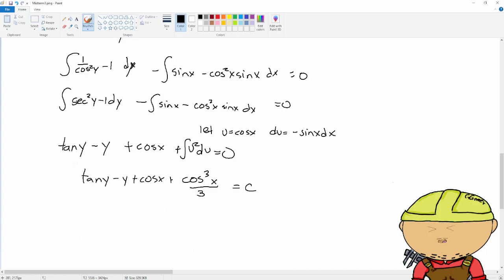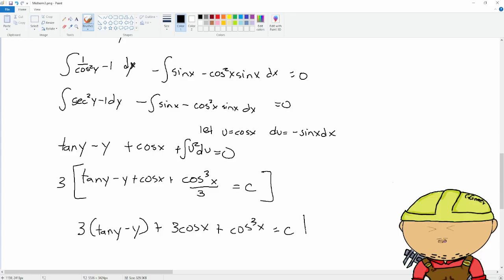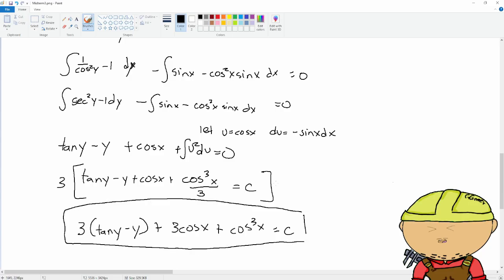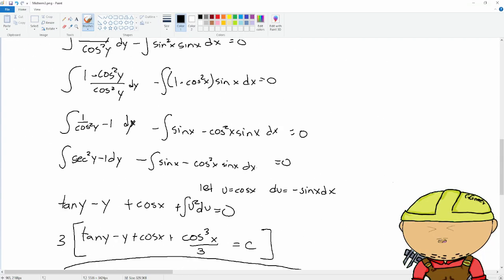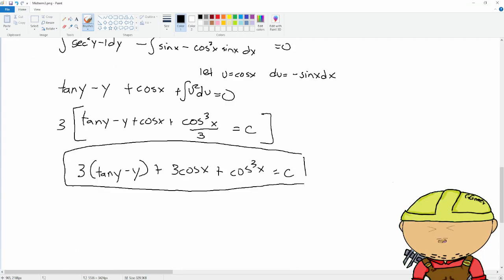Multiplying both sides by 3, we're going to have 3 tangent y minus y plus 3 cosine x plus cosine cube x is equal to c. That is now our general solution. Okay, double check if we have an IDP. There's no IDP. That is now our general solution for our differential equation.